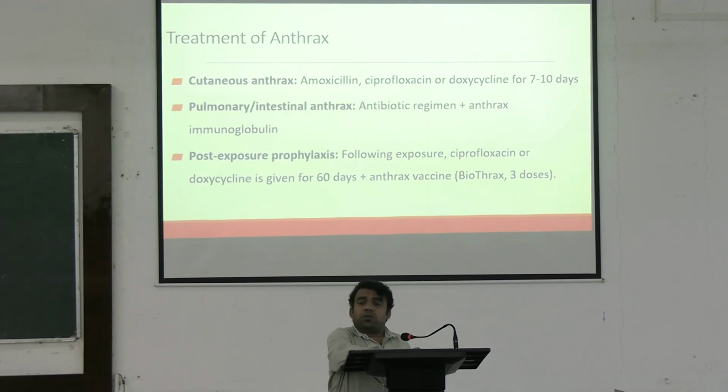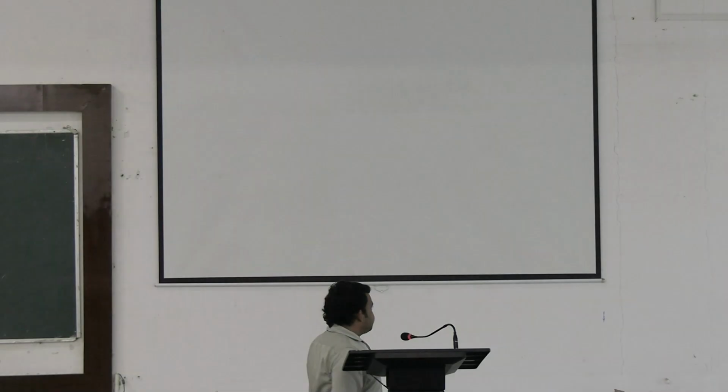That means, suppose a person comes in contact with an animal that has died of anthrax or comes in contact with another patient. Remember, although cutaneous anthrax is the most common type of presentation, respiratory anthrax in human beings is highly infectious. So suppose a group of people comes in contact with a patient who is suspected of having respiratory anthrax, we can even start antibiotics as post-exposure prophylaxis.